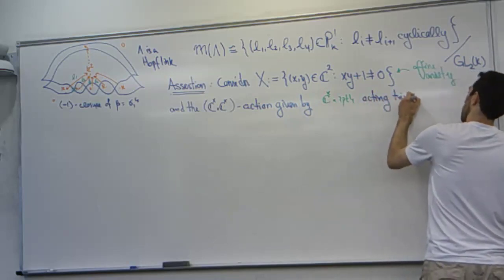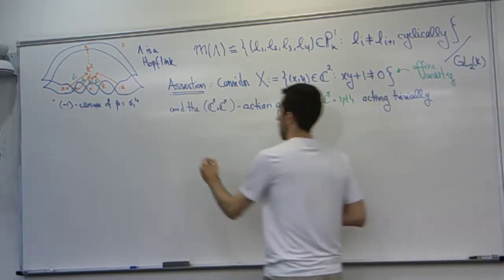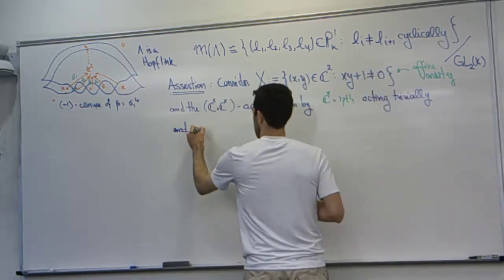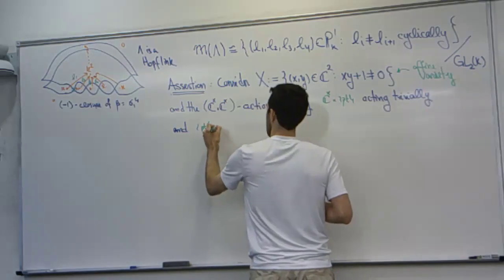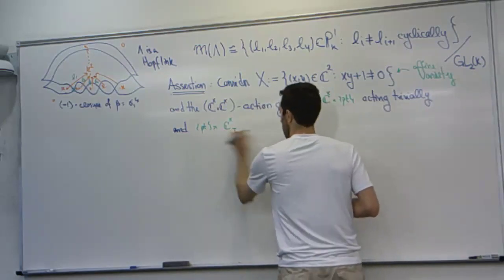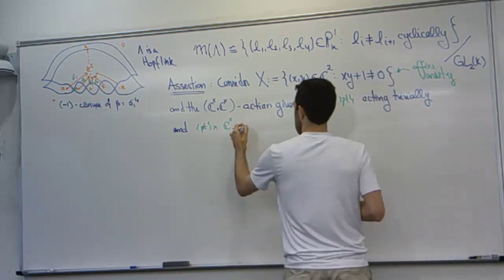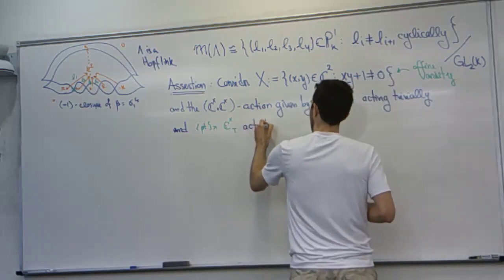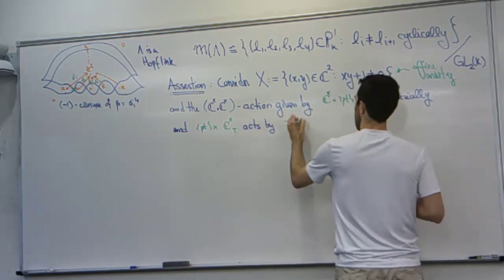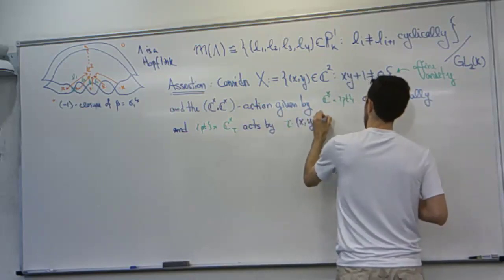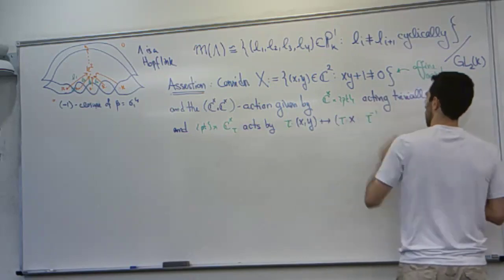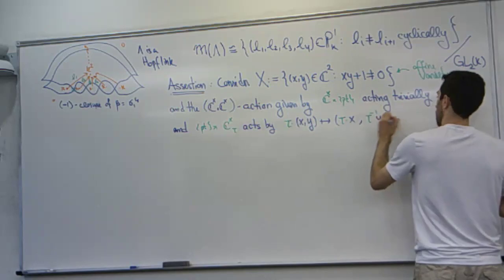And the second one is an interesting one. Now you're going to have the second guy acting, times C star here. Let's have a parameter here, tau. So this acts by tau applied to a point (x, y) will be sent to the point: x, I multiply by tau, and then I multiply y by tau inverse.